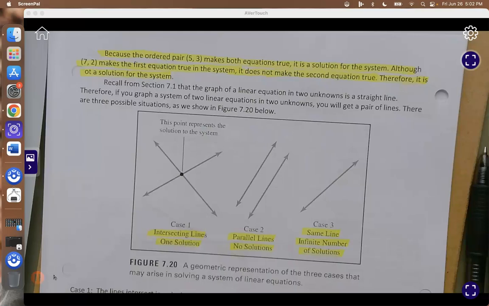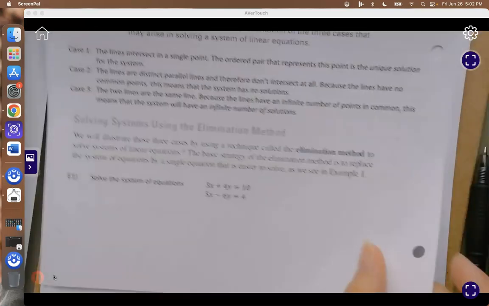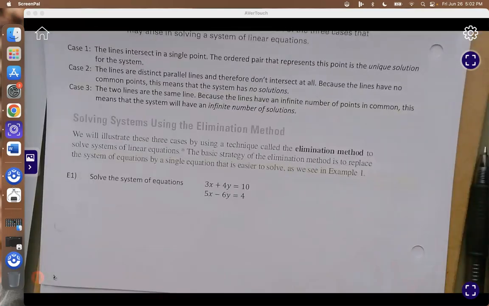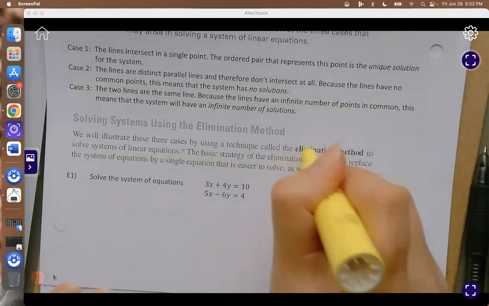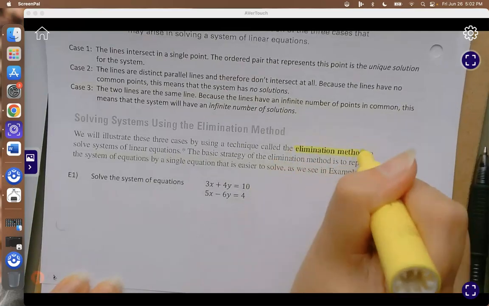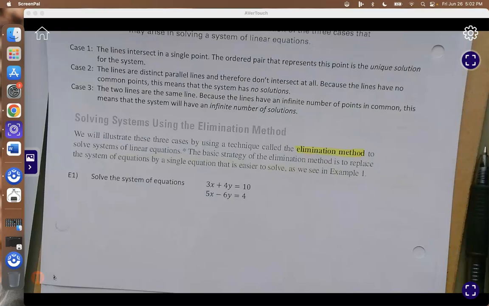All right, so how can we solve systems of equations? The first way we can solve them is with the elimination method. I'm just going to highlight the words elimination method, and we're going to refresh our memories on how to do that. So what do we want to happen?